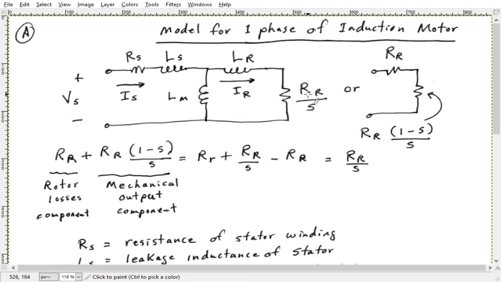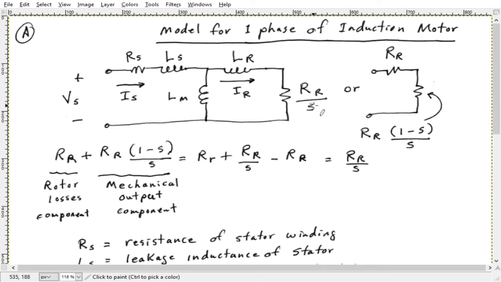In the situation we're going to be dealing with in this video, the actual parameters are taken from a 10 horsepower 220 volt motor. I believe this RR was like 0.144 ohms, and this resistance here was like 0.294 or something like that.